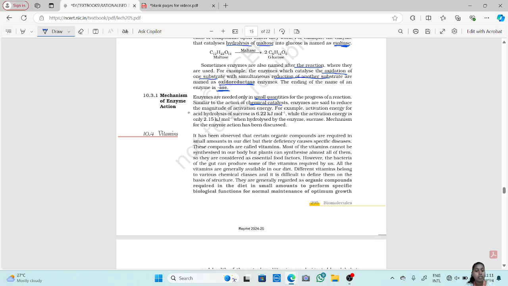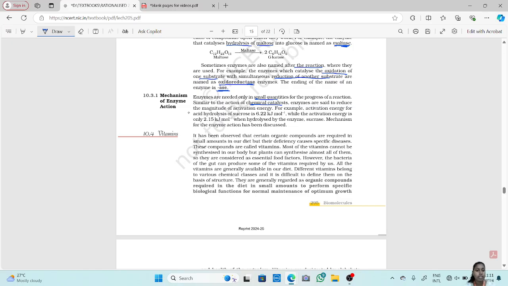Now, the mechanism of enzyme action has been discussed in biology also, and in earlier classes. When we use an enzyme, the activation energy decreases. Activation energy means the energy required to start the reaction. That activation energy is reduced when you use an enzyme.